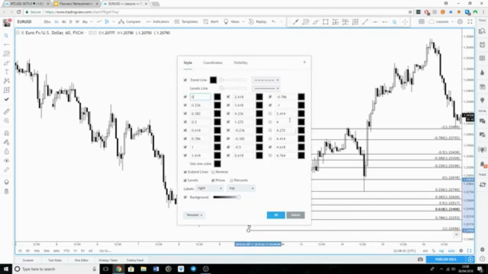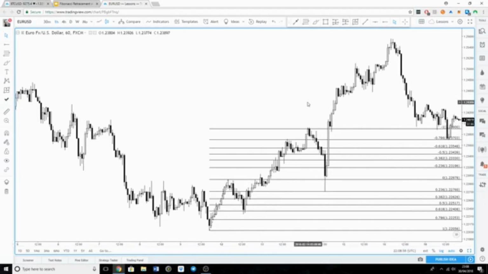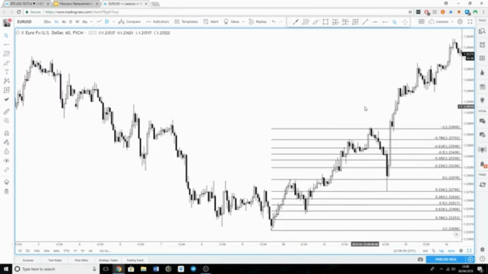I've just noticed the 0.618 is, there we go. So we're using potentially any and all of the negative fib values as targets or where to take profit, depending on the market structure and whatever else you're using to gauge the strength or weakness of the market.